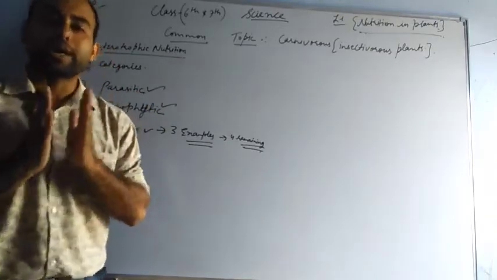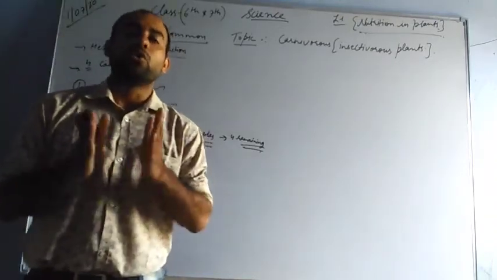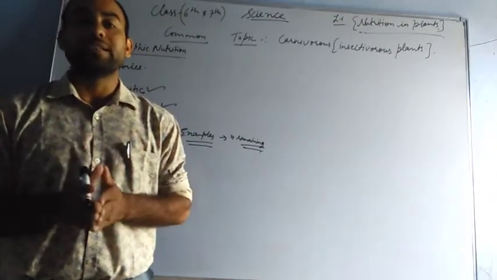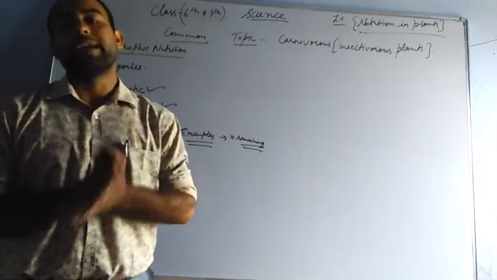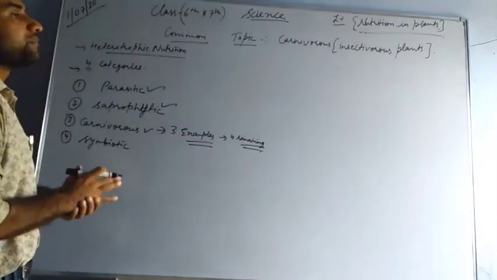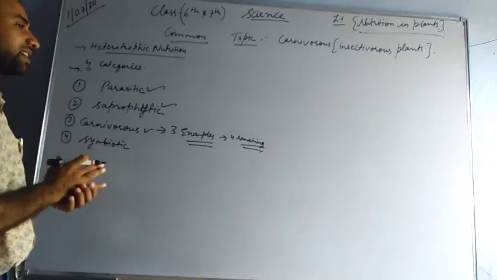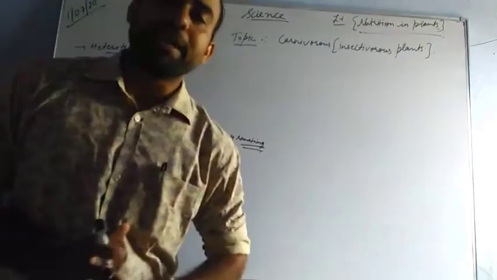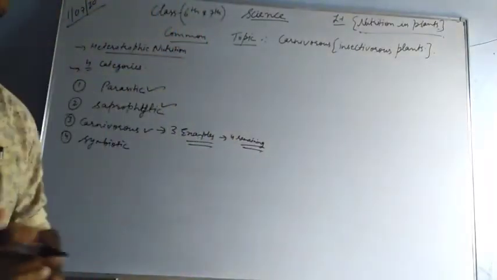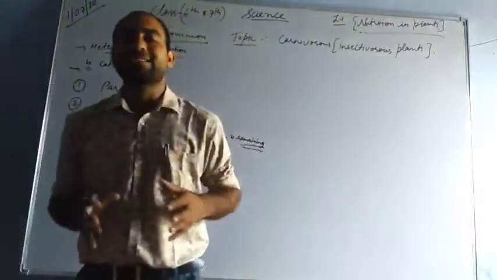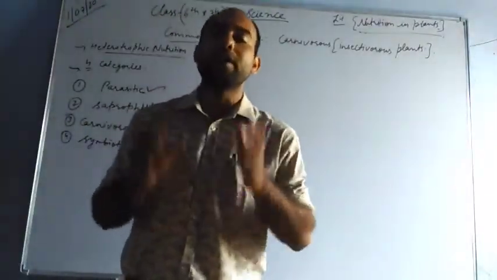Saprophytic are those who take their nutrition from dead, decayed or decomposed organisms. Those kinds of plants are called saprophytic plants. Next one was carnivorous plants, those which eat and digest insects. Those are called carnivorous insectivorous plants.